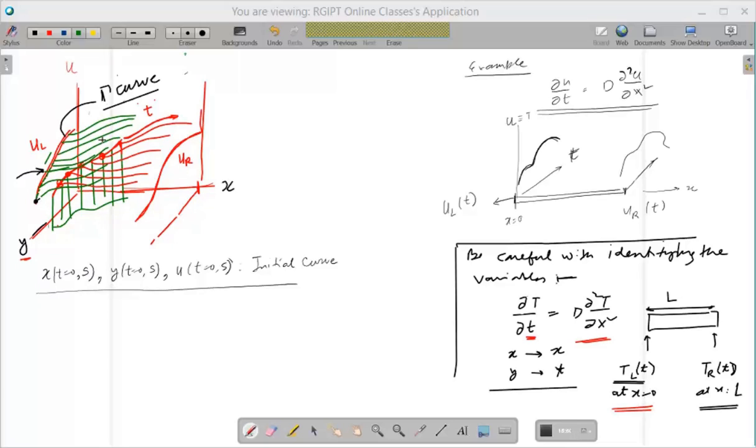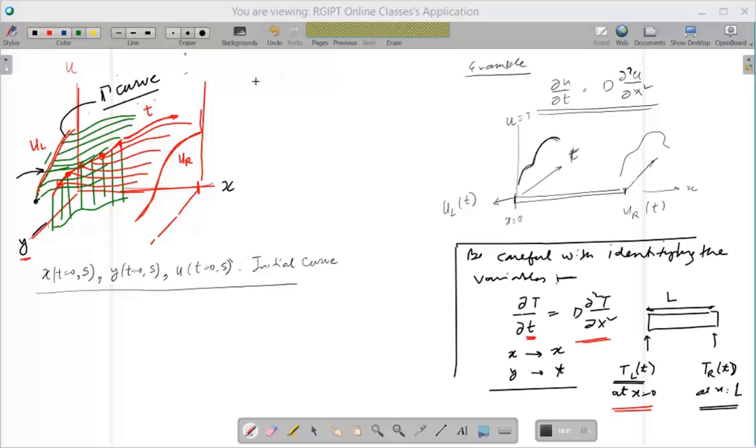I can solve for x, y, u as a function of t. Therefore, I'll get u as a function of x and y along a given curve in the xy plane, and that will give me a unique curve starting from each such point. When you combine these lines together, in the end you have knitted the surface.